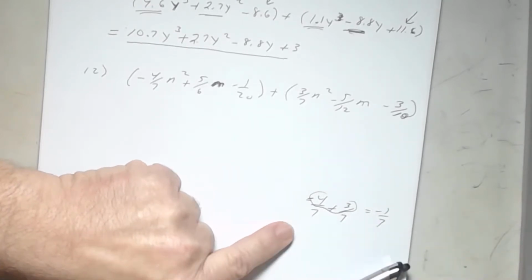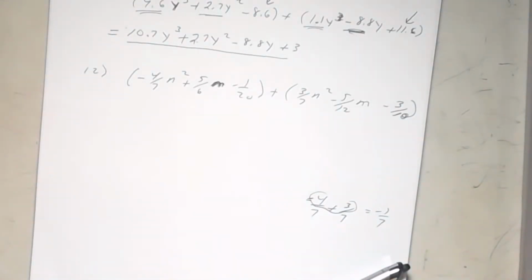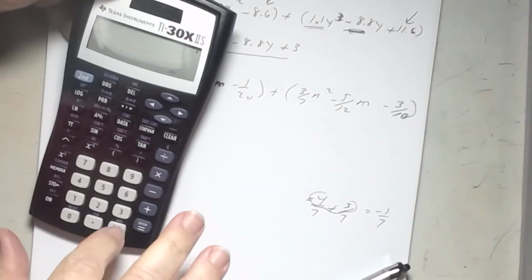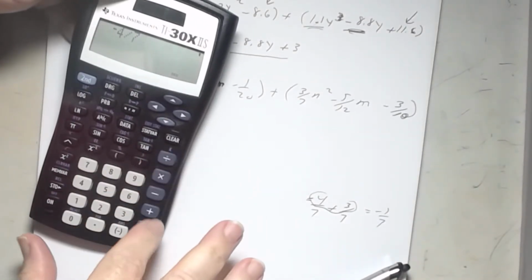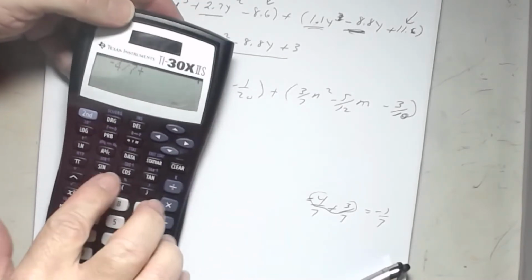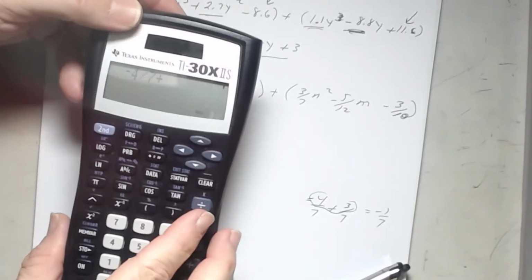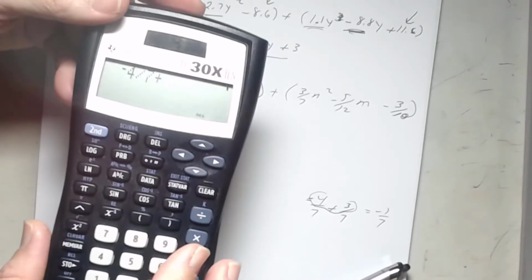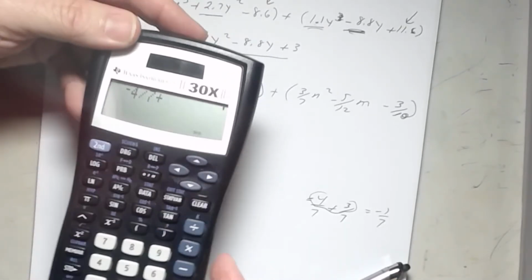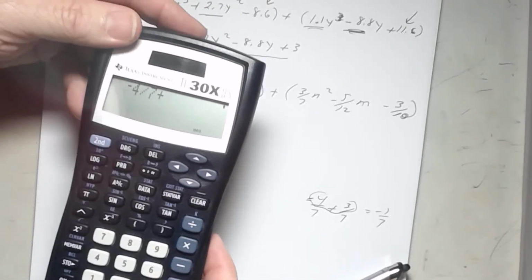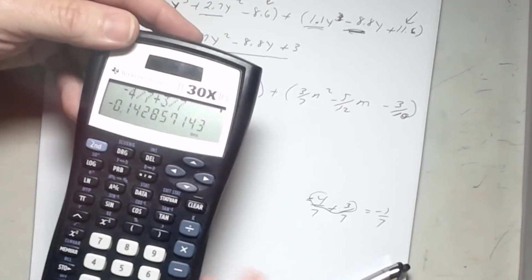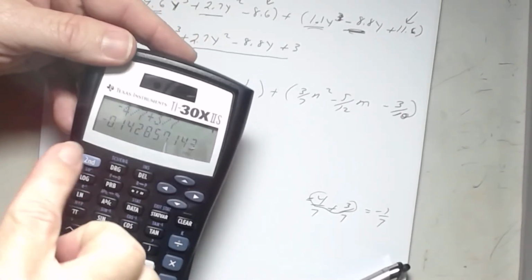All right. So if you didn't know that, then use your calculator. You would say negative 4 divided by 7, plus 3 divided by 7. Press equals, you get this decimal, and then you change it back to a fraction.